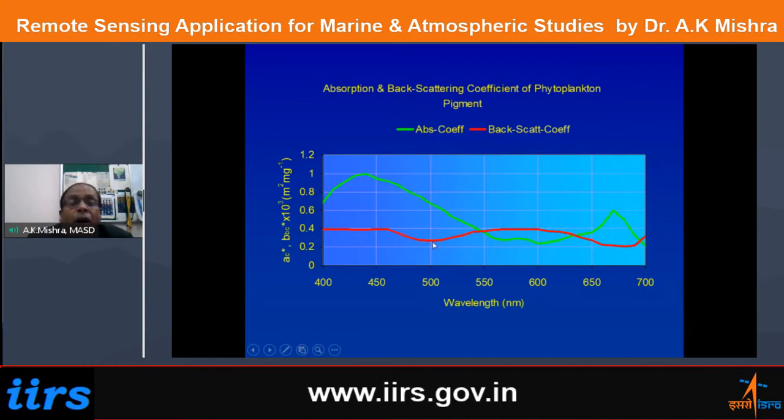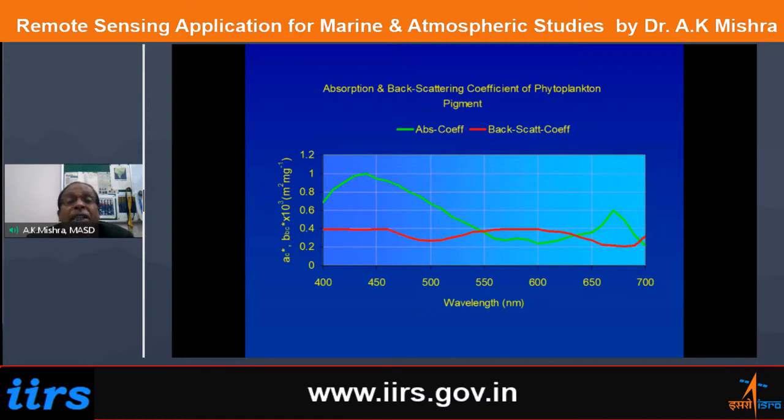So unlike absorption coefficient, which is more in the blue band of the spectrum, scattering coefficient has no definite shape, because the shape of the phytoplanktons, they vary. So the scattering coefficient is not following any pattern.